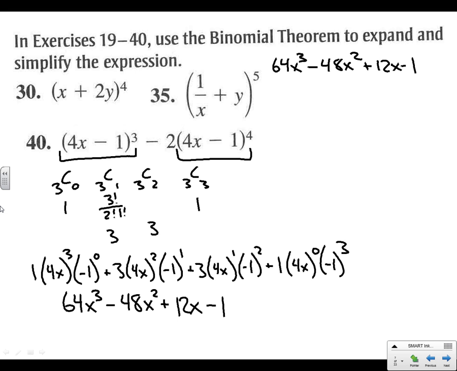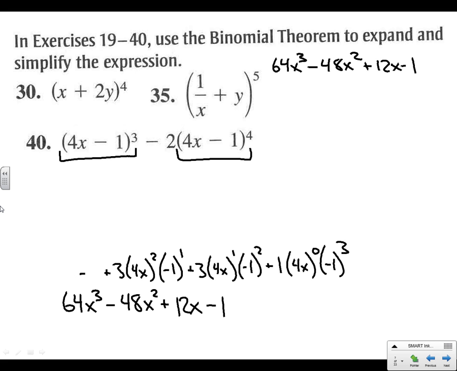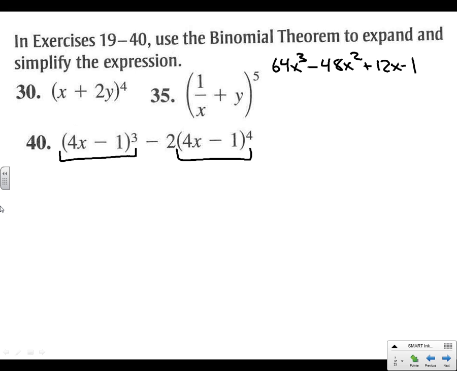Alright, so let's figure out the next one using the 4th. So to the 4th, 4c0, 4c1, all the way across. 1's on the outside, 4. This is going to be also 4. We can start to see those patterns.